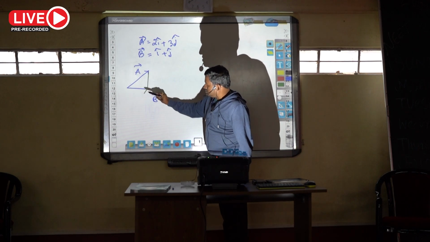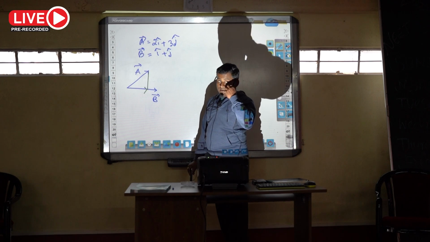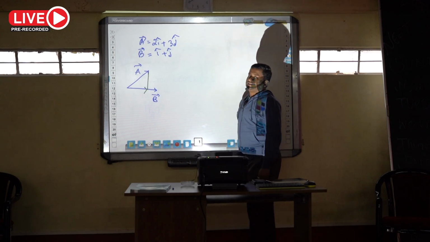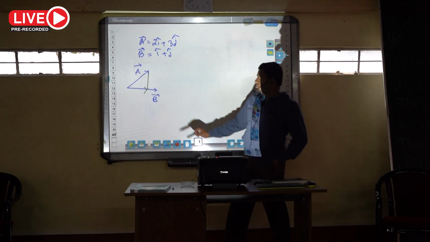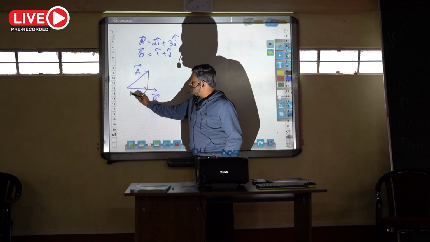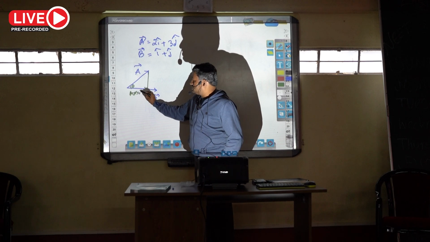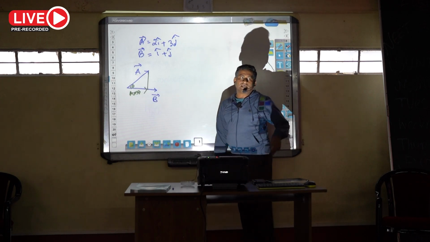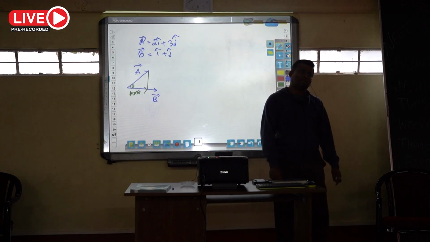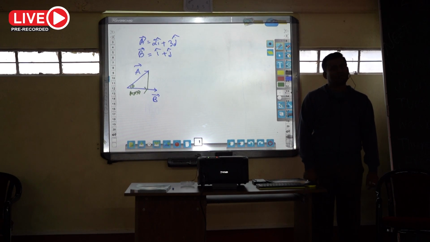So this part is called A cos theta, if this angle is theta. So that A cos theta has to be calculated. How to calculate A cos theta?